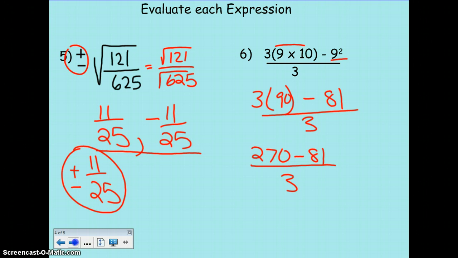Some of us might be able to do 270 minus 81 in our heads. If not, don't hesitate to go over to the side of the paper and say 270 minus 81. We need to borrow. Borrow again. And we have 189.